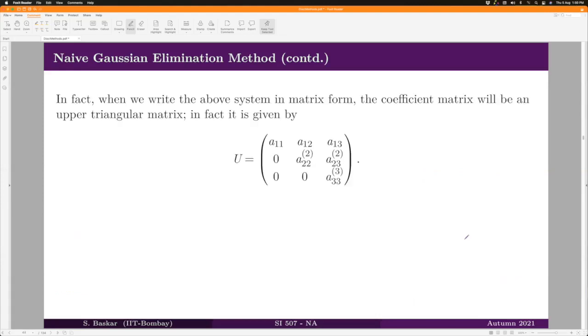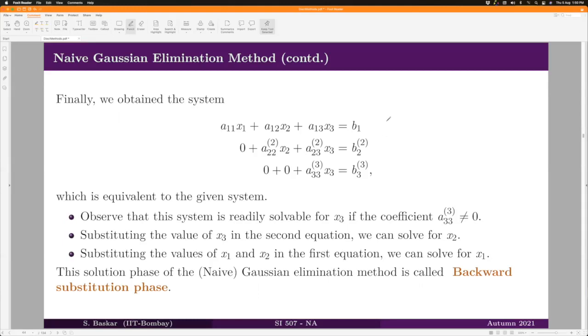So in this process, you can see that you have finally made your A, the given coefficient matrix, into an upper triangular matrix, which is given like this, right? If you go back to your final eliminated system, you can see that this system has the coefficient matrix like this, which is an upper triangular matrix, right?